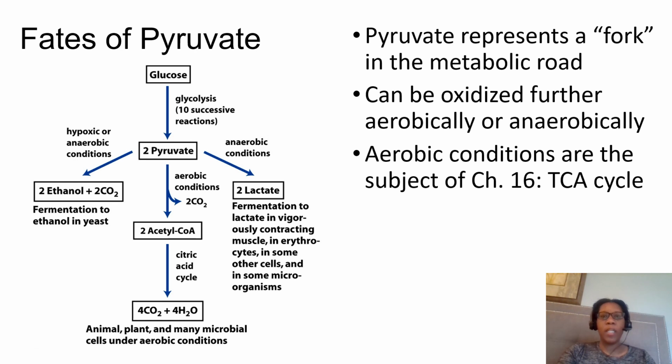So if you're an animal, or you are a plant, or some microbes under aerobic conditions, which is with a lot of oxygen, you're going to just enter the TCA cycle or the Krebs cycle or the citric acid cycle, whatever you want to call it. We'll talk about that later. But if you are a yeast, you mix that with some sugar, you get alcohol.